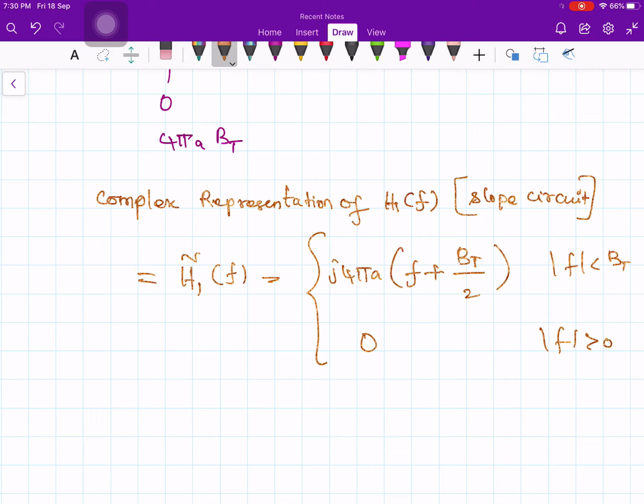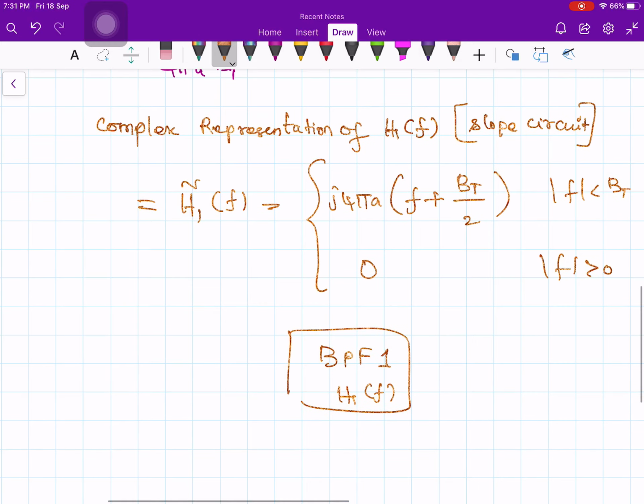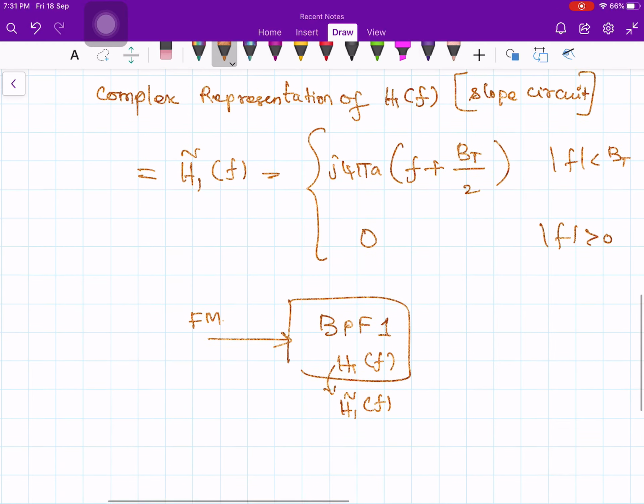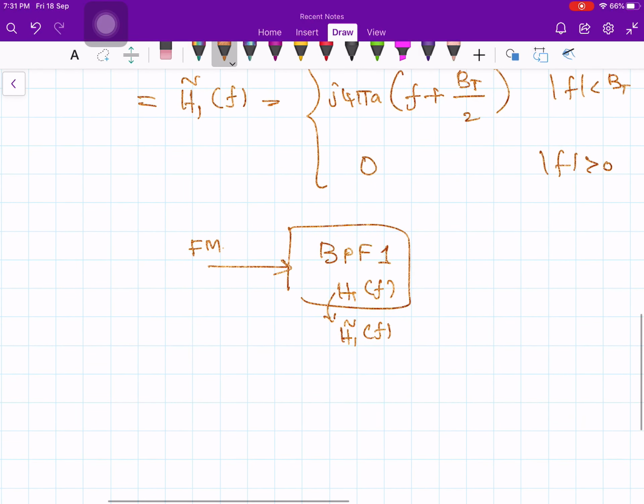What is the input that you are feeding into this bandpass filter? You have a bandpass filter 1 and its response is h1 of f, and equivalently we are representing it as h1 tilde of f. What is the input to this? The input is our age old friend, the frequency modulated signal.